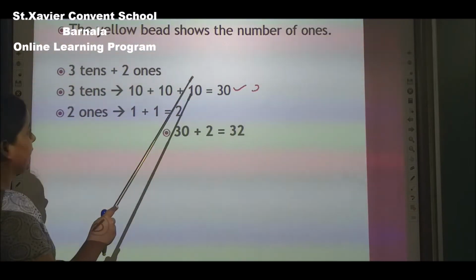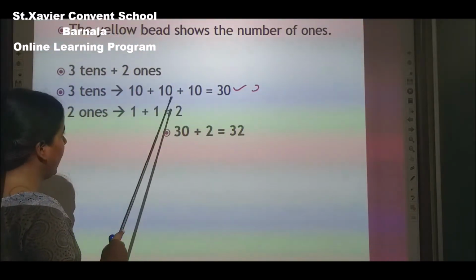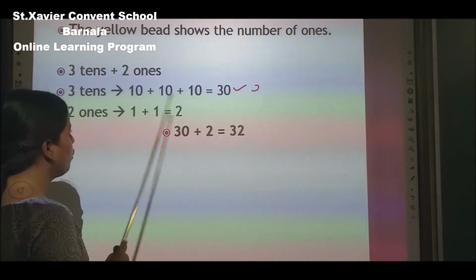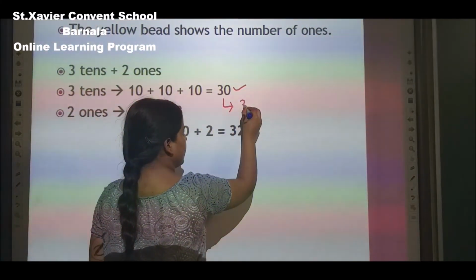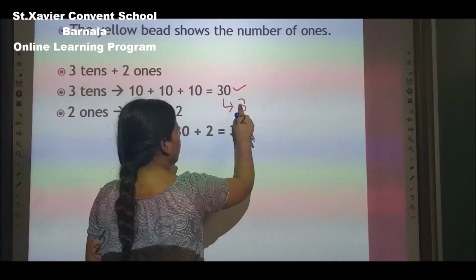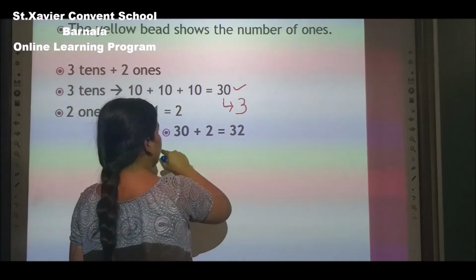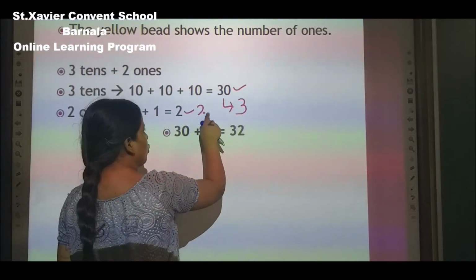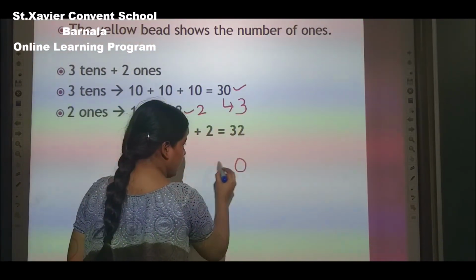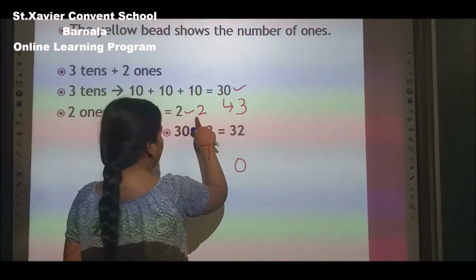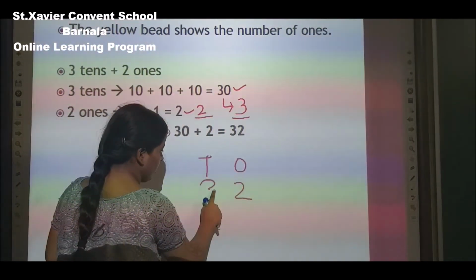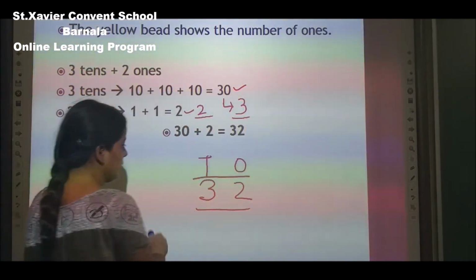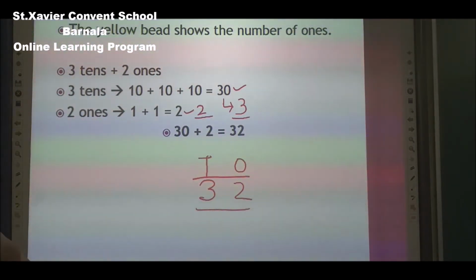After that, at the tens place we have 3 and at the ones place we have 2. So at the ones place 2 and at the tens place 3. So it is equal to 32.